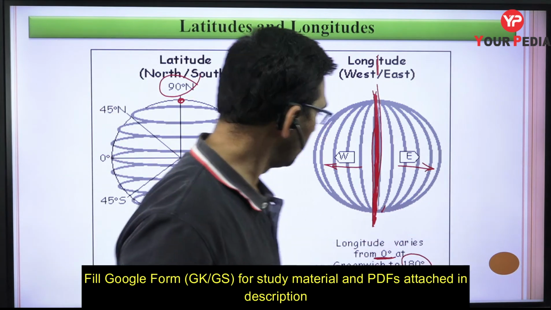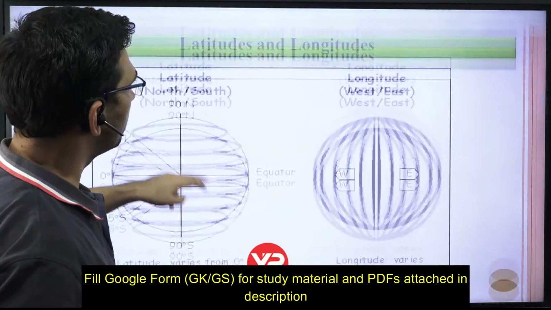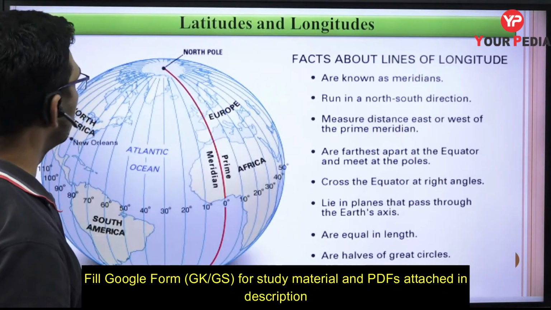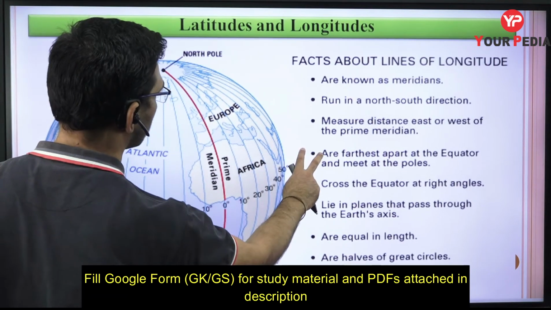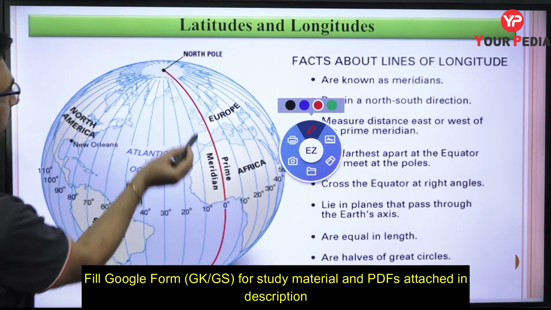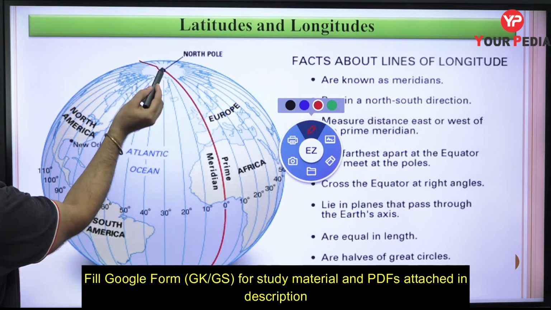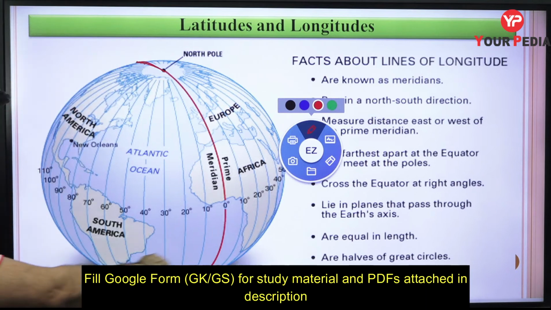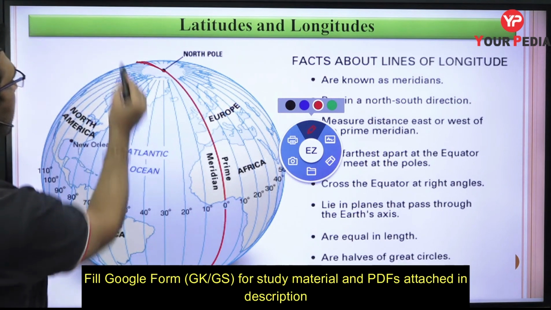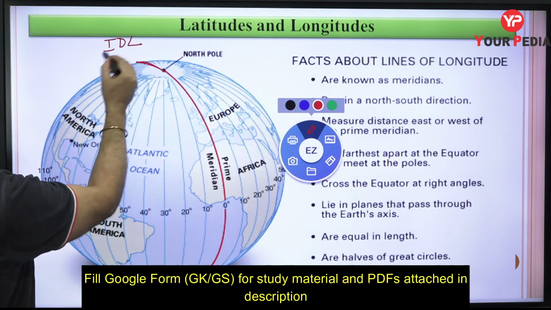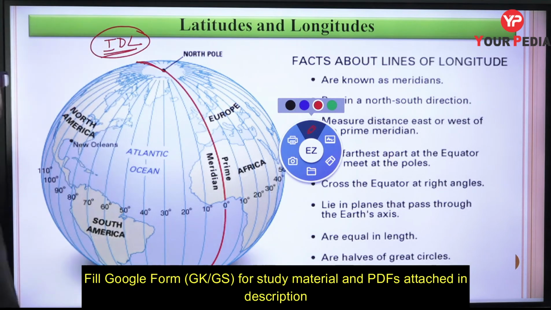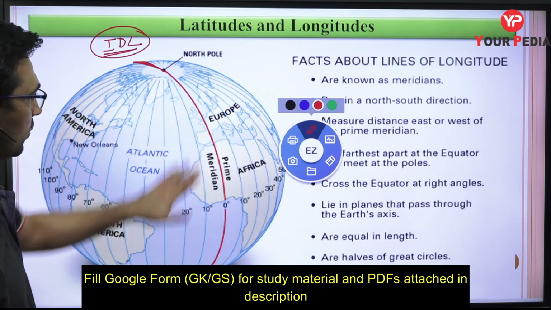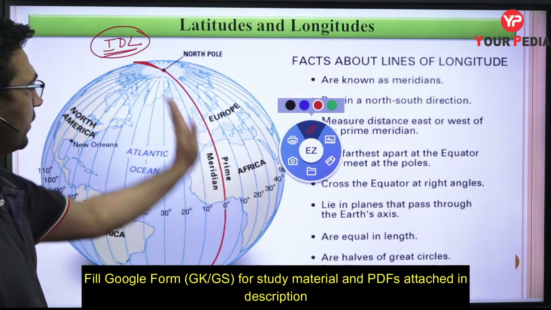If we extend the prime meridian on the back side, then this backside meridian which goes till this point, we call the international date line. Whatever timing you calculate, this international date line is taken as a reference, exactly on the back side of the prime meridian.